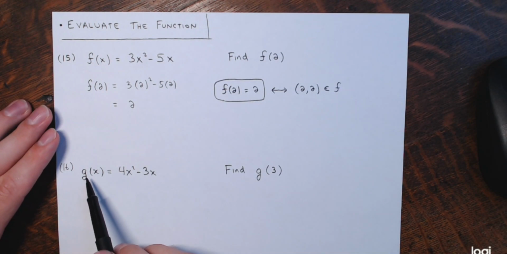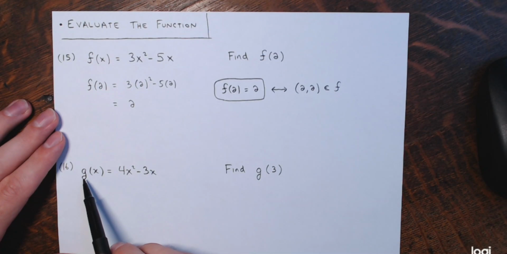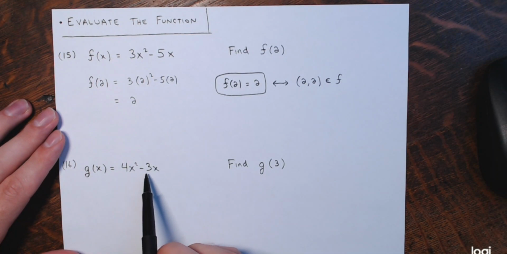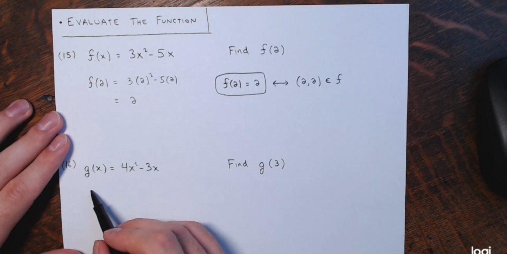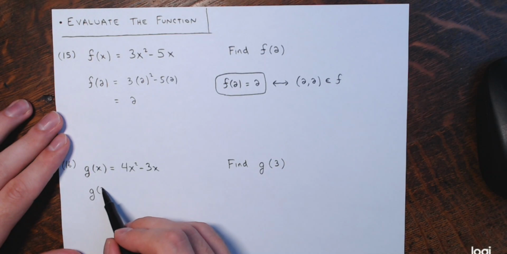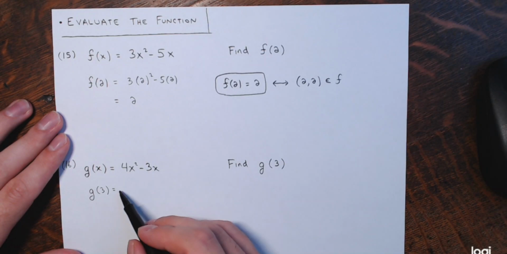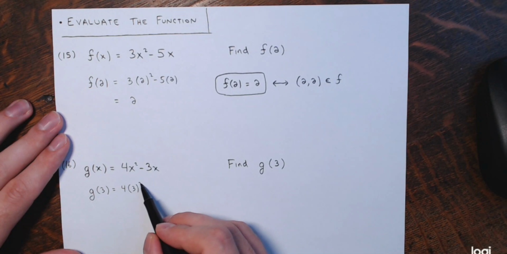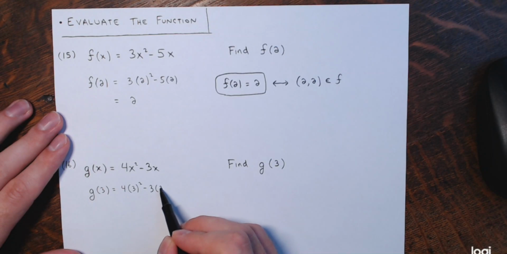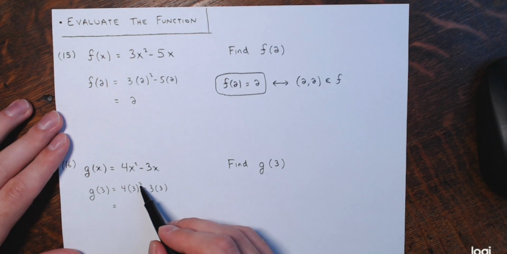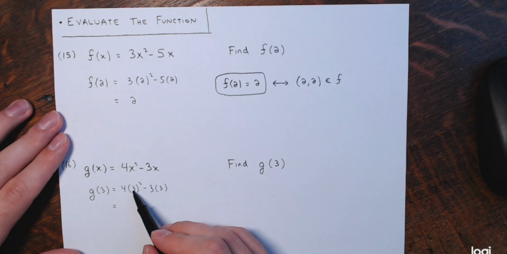16. This function's called little g, and g of x is 4x squared minus 3x. And we're asked to find g at 3. What's the value of g at the input of 3? So I just replace x with 3 everywhere. 4 times 3 squared minus 3 times 3. Well, 3 squared is 9. 4 times 9 is 36.